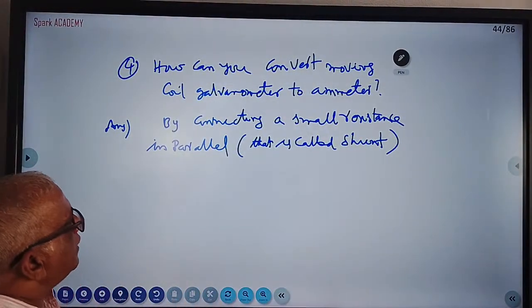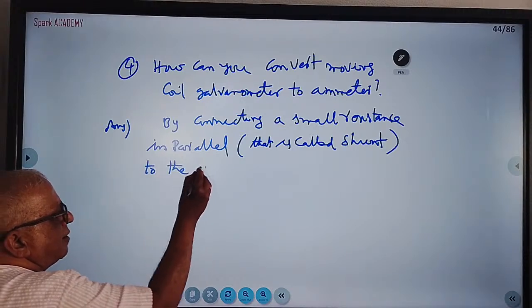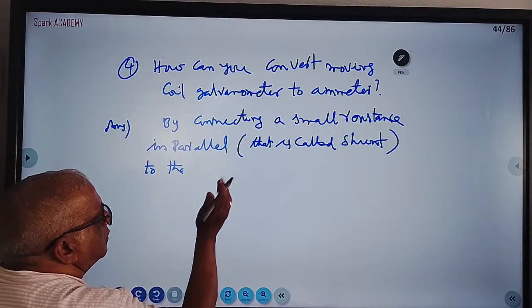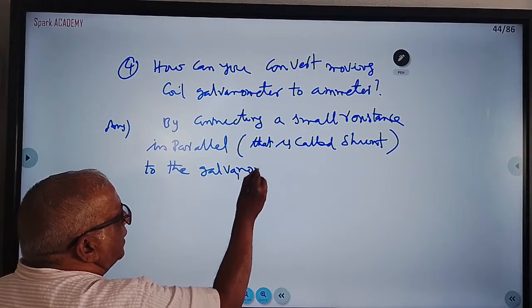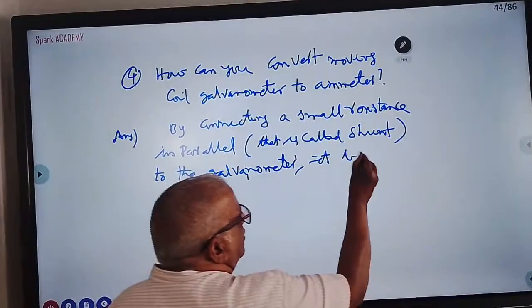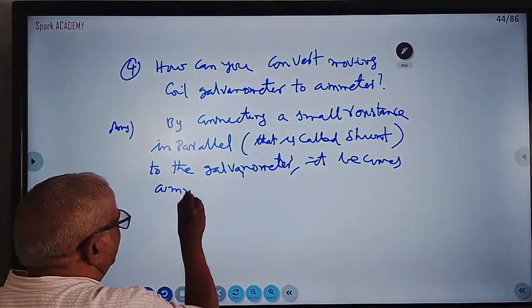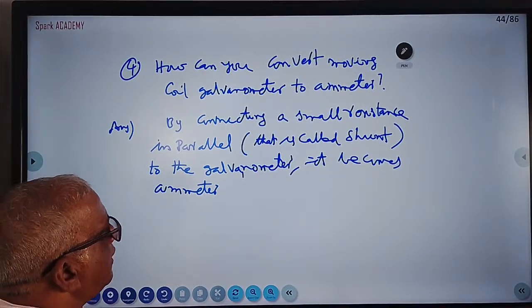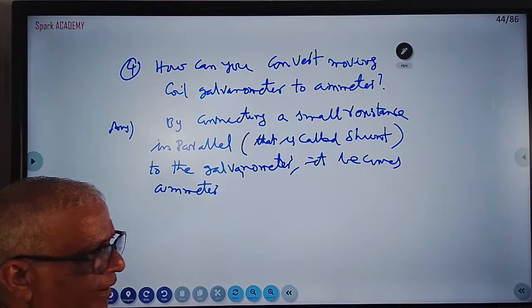By connecting a small resistance in parallel, called a shunt, to the galvanometer, it becomes an ammeter.